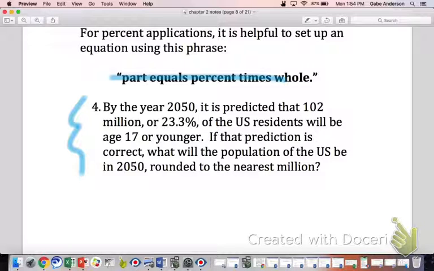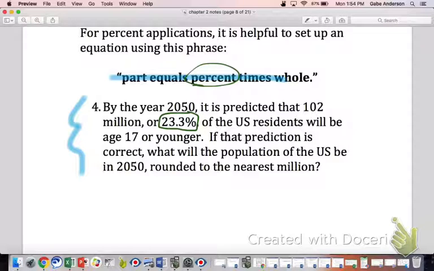What do you guys think is, in this little phrase, part equals percent times whole? Wouldn't it be fair to say that the percent is fairly obvious? Percent, right there. Okay, so in this little phrase, we've got the percent right there. It's 23.3%. But what do you think the part is, and what do you think the whole is?